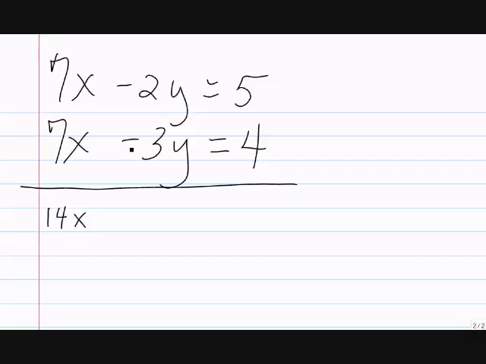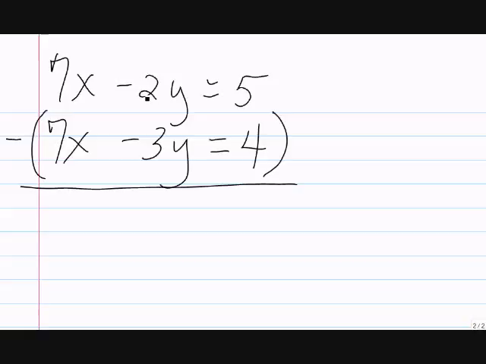Negative 2y plus negative 3y is negative 5y. Neither one of the variables went away. So the next thing I can try instead is subtracting instead of adding. 7x minus 7x is nothing. X has been eliminated.